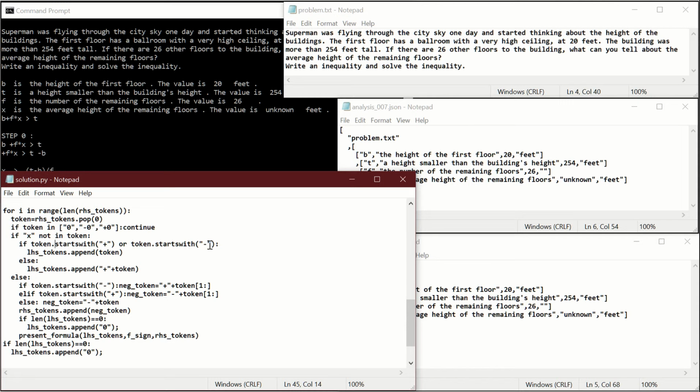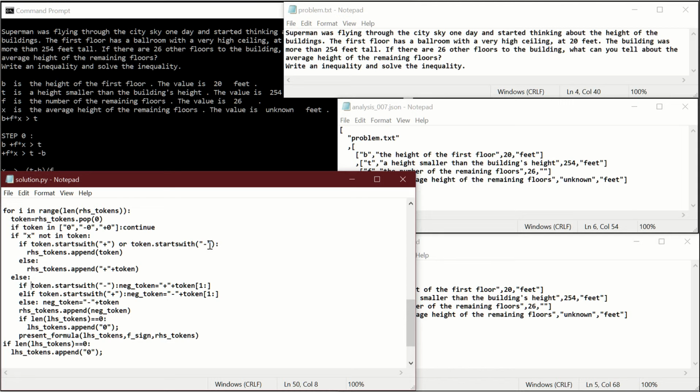Okay. And I have, if the token starts with plus or minus, I have to append the token back to the right hand side, else I have to append the token with a plus to the right hand side. Now if x is in the token, I have to move it, so that's our else.